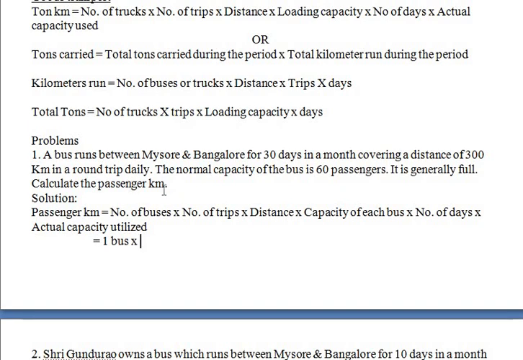Round trip means from Mysore to Bangalore and again from Bangalore to Mysore. So it will be two trips. Always remember, if they have given round trip, then you will have to consider two trips for one bus. If there are two buses, then you could have taken four trips.